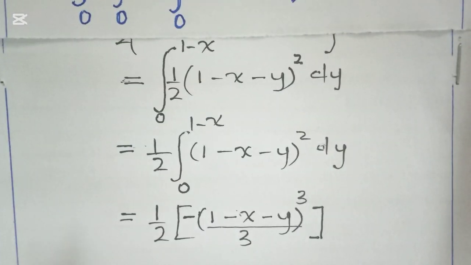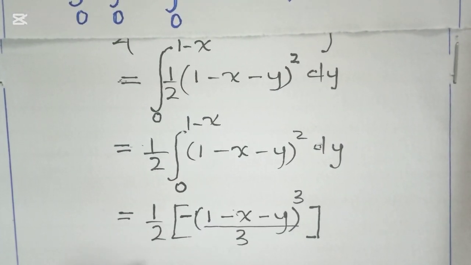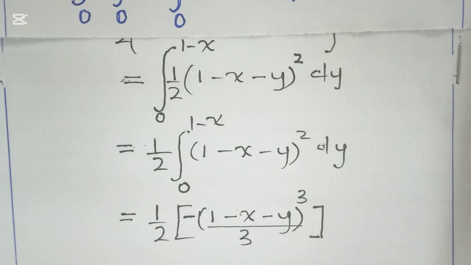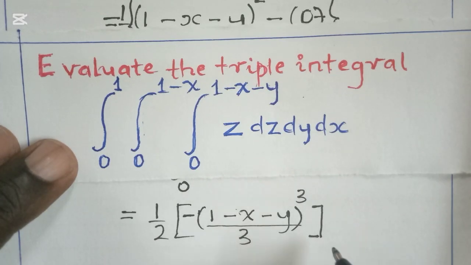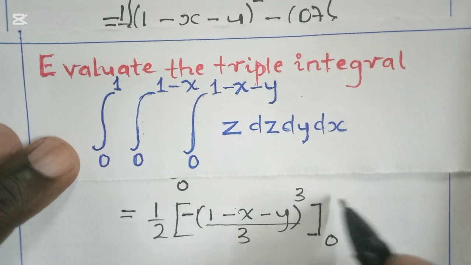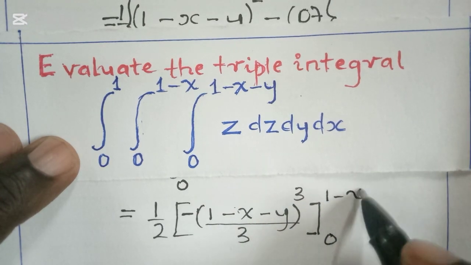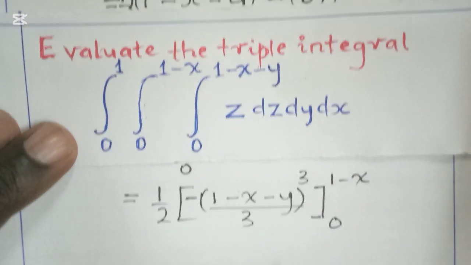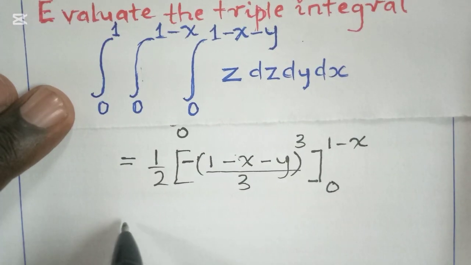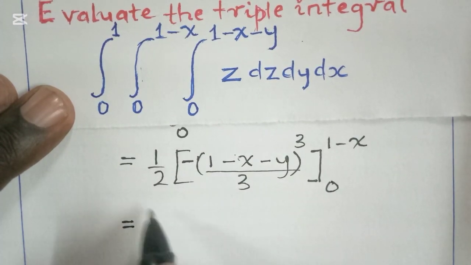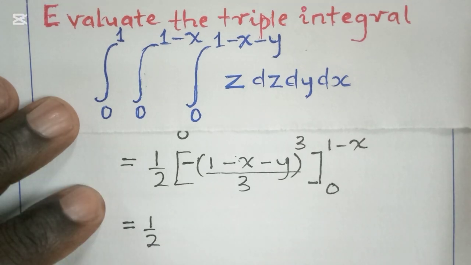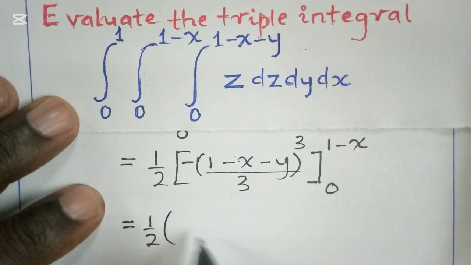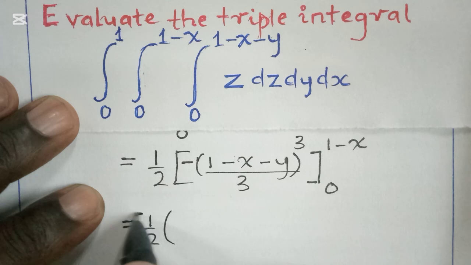From there, guys, we can now replace the limits, 0 and 1 minus x. So this is going to be equal to a half, then we put negative here.